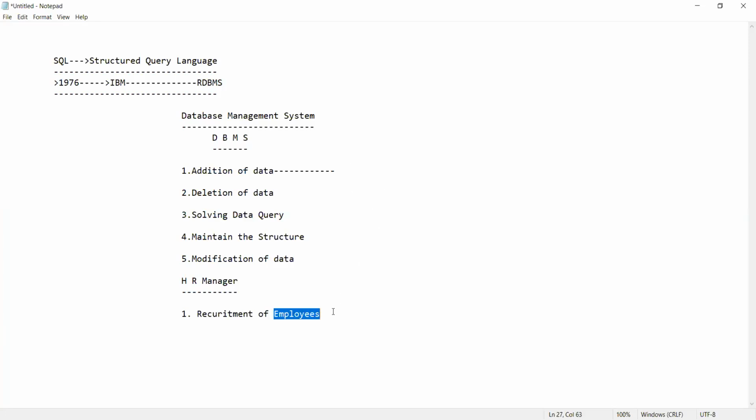It is the addition to the company or not? Yes, guys. So now, recruitment of employees is just similar to the addition of data. Here we say recruitment of employees, and here we say addition of data.